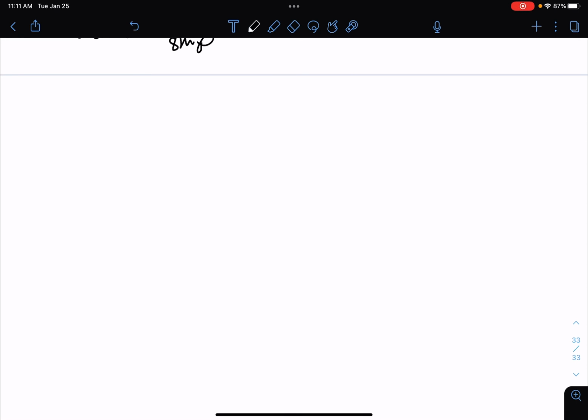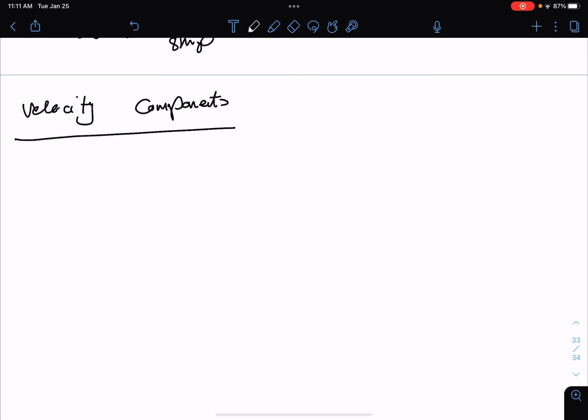So let's talk about the velocity components. We understand the angles, so we can find the velocity components for each direction.